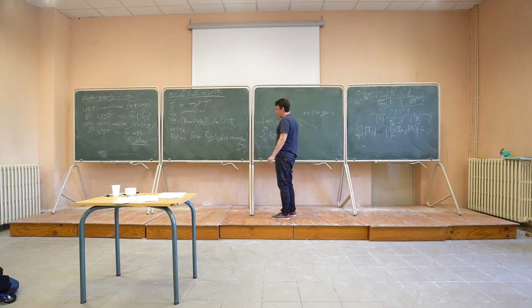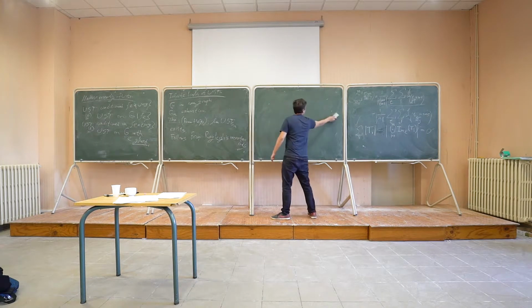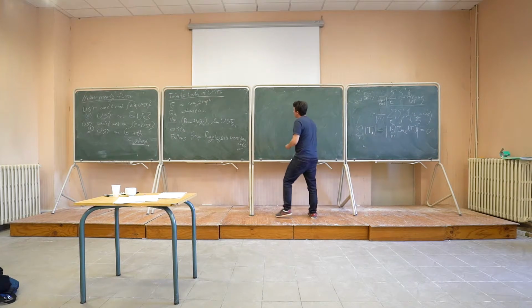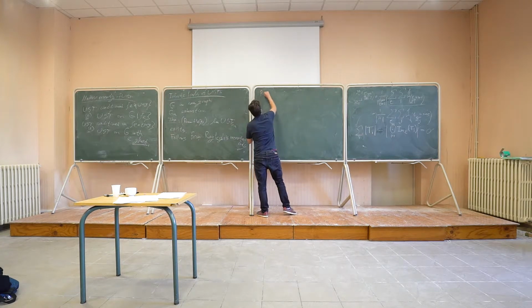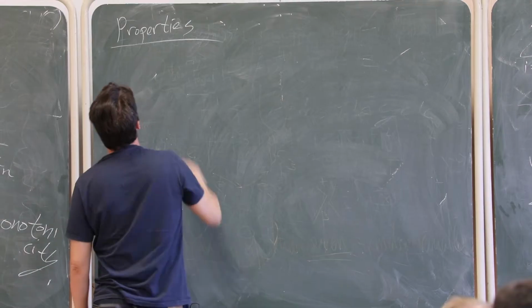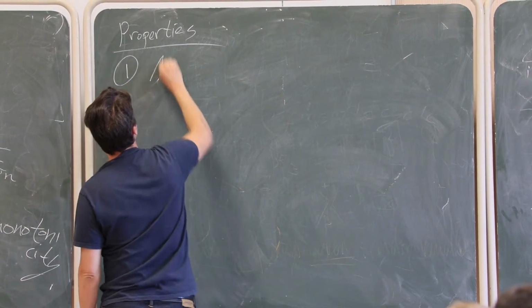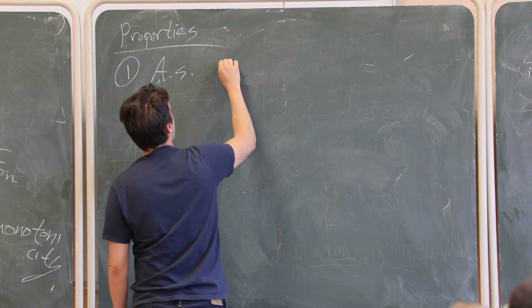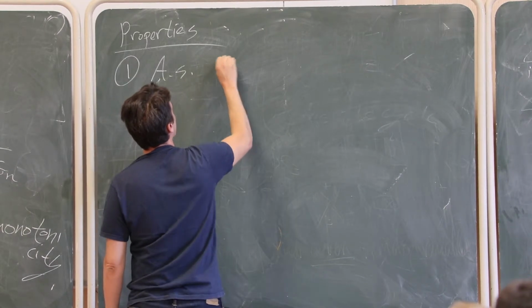Okay, so let's give this limit a name first. Okay, so properties of this limit, as we said. One, almost surely, it is spanning.